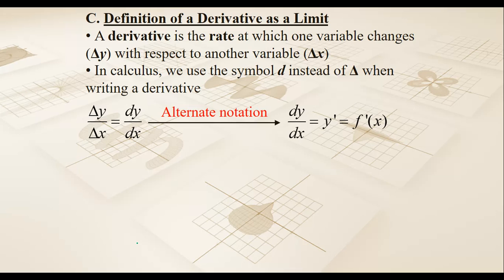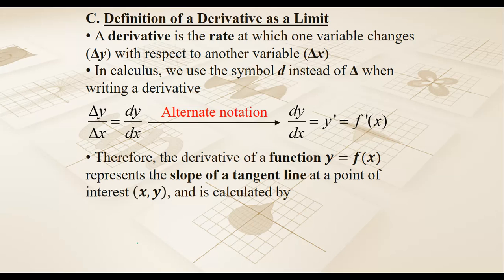Or in function notation, we could write down f prime of x, which means the derivative of f as a function of x, which is equal to dy with respect to the variable x. Okay, so just a couple different ways that we do write it. Depending on the problems we're dealing with, sometimes it's more convenient to use the y notation, sometimes more convenient to use the function notation. It depends on how the equation is being presented.